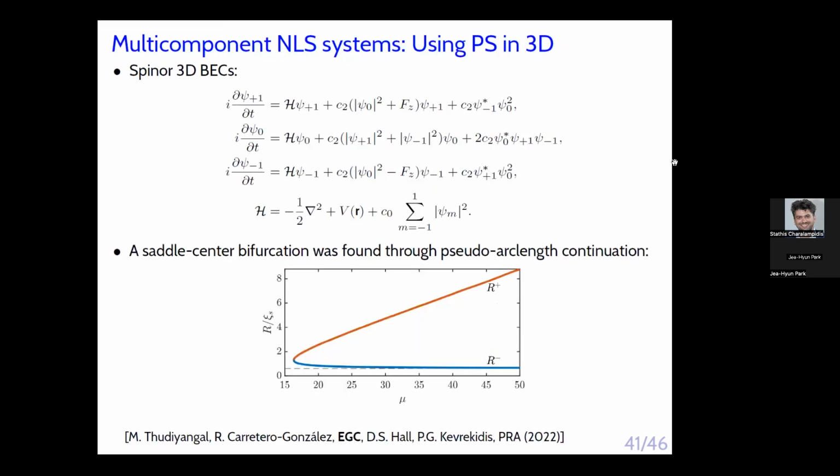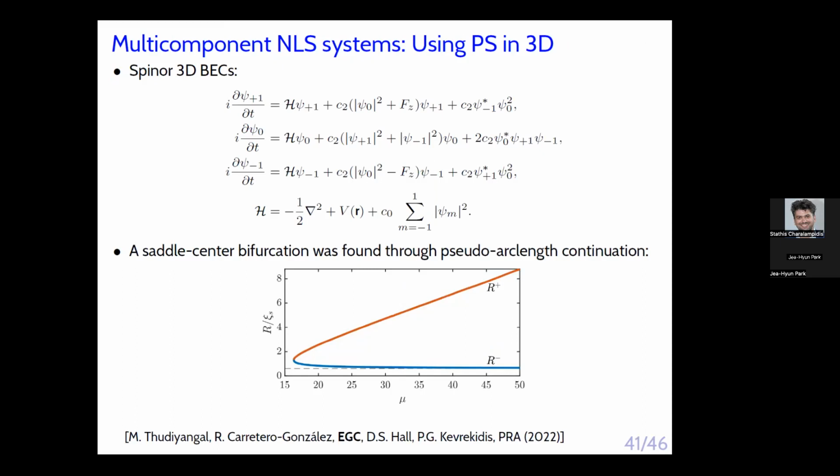Quite recently, we considered a 3-component NLS system in 3D. Now the problems are becoming really challenging. I haven't used deflation yet, but we were able to find, using pseudo-arclength, another branch of solutions here. So this has to do with spinor condensates.